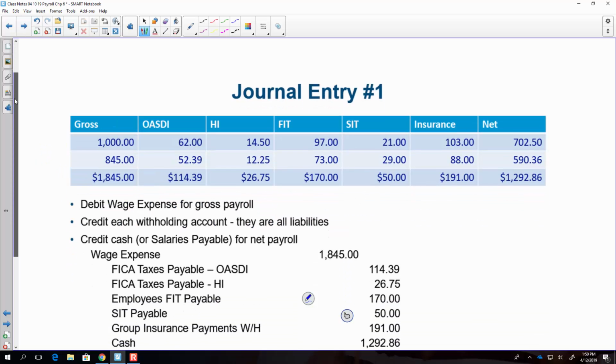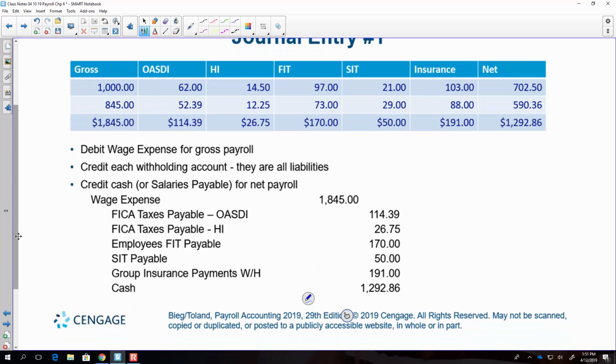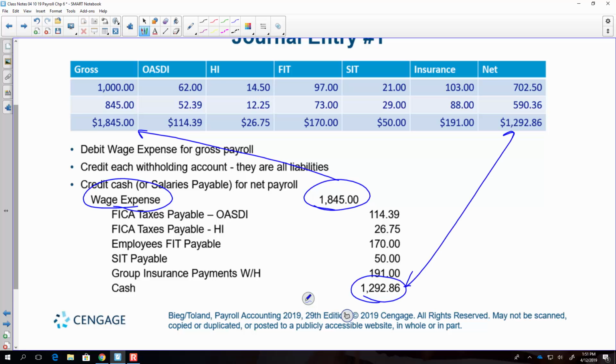So here's our example showing what's recorded where. And a very common error here is the amount of the wage expense. That is always the gross pay. And the net pay here is always going to cash.